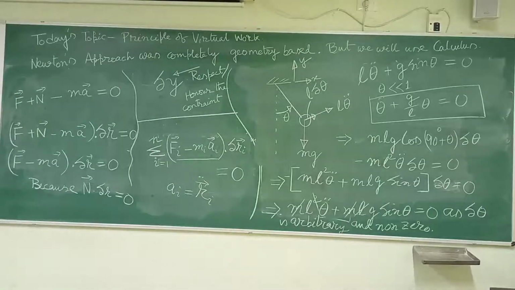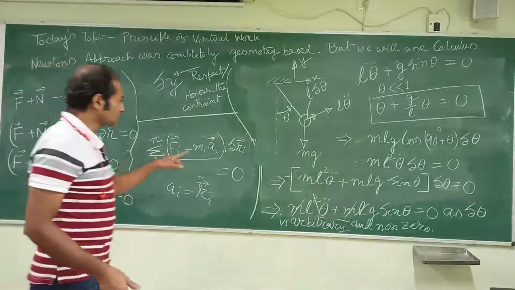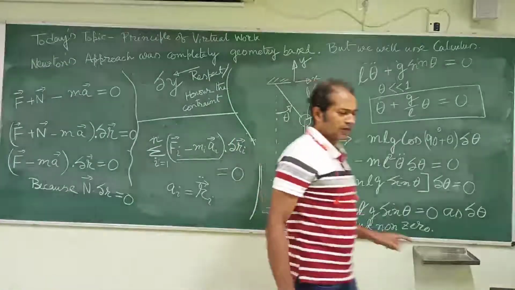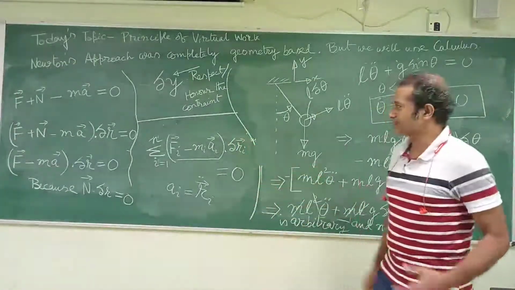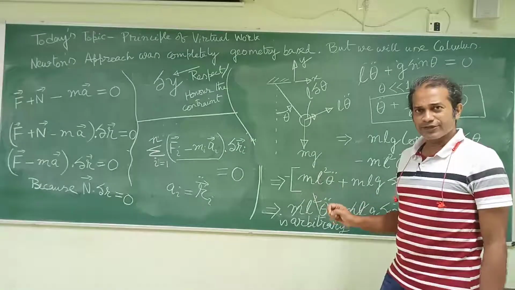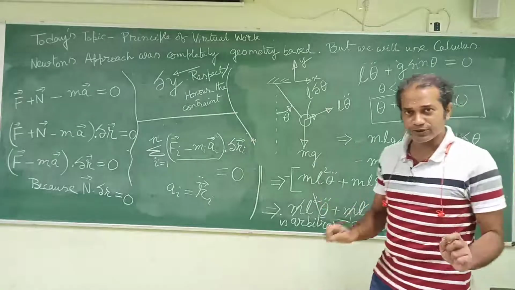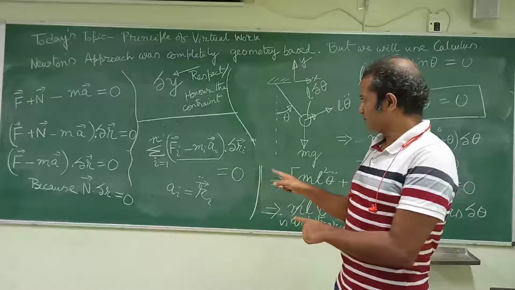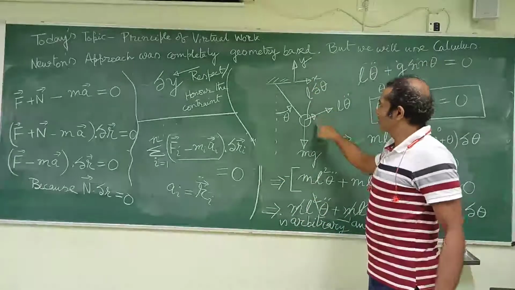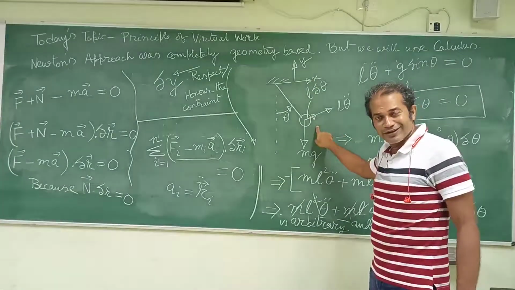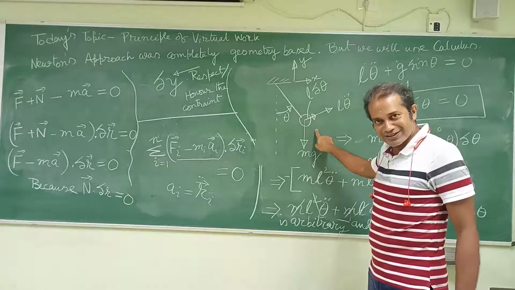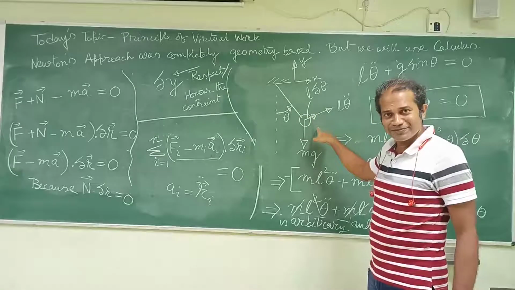Now there is a word of caution: whenever you are using this, look carefully. You remember we have erased that part. Your position vector could be defined in many ways. For a simple pendulum, think about it, we can represent it as x and y. You can give virtual displacement on this, keeping the constraint the same.